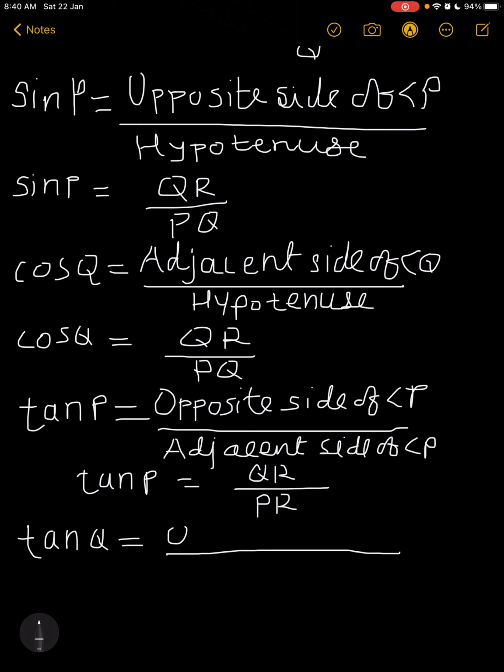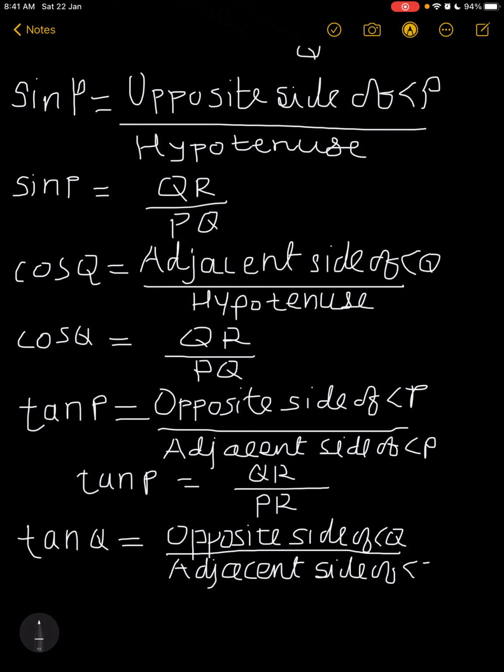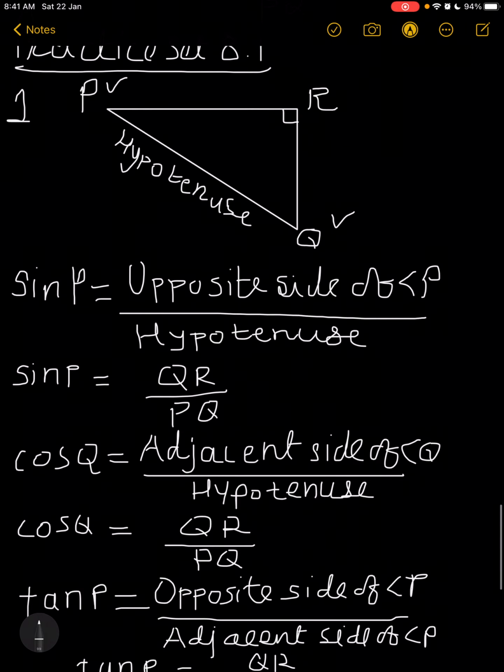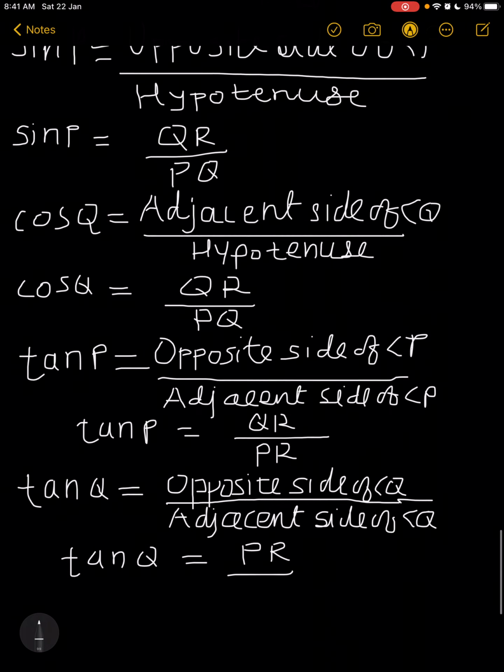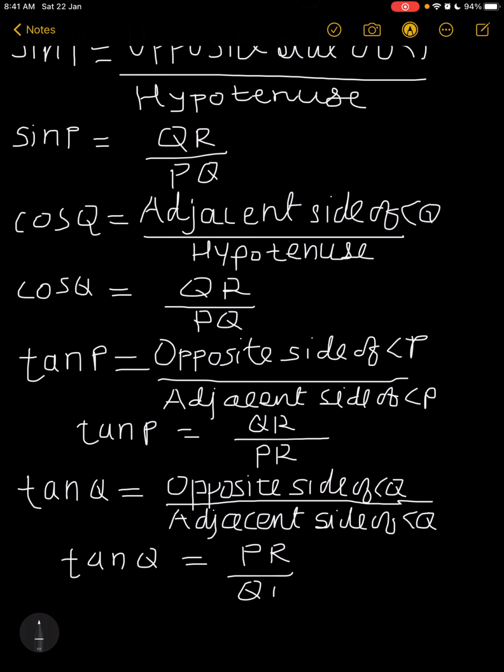Here angle Q, so I will write the opposite side of angle Q divided by the adjacent side of angle Q. A ratio containing the opposite side of angle Q and the adjacent side of angle Q is known as the tan ratio. For angle Q the opposite side is PR and the adjacent side is QR.